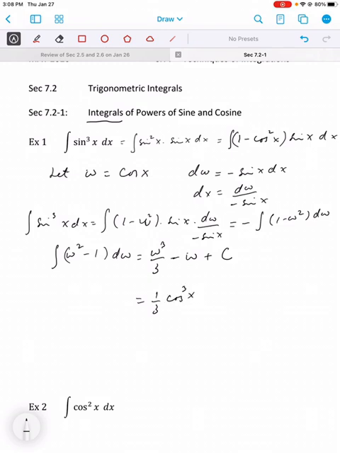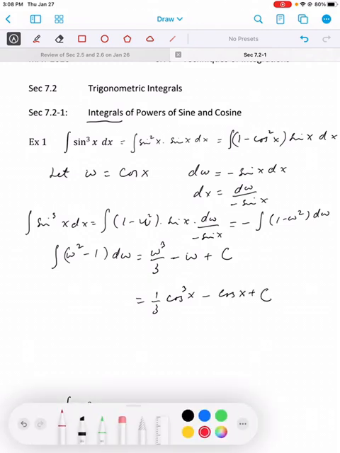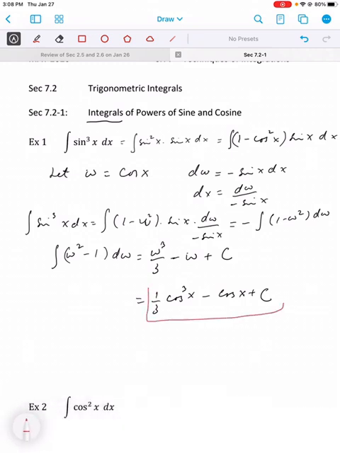So that is our antiderivative of sine cube x dx. In the same way, if you have to do cosine cube x, you should be able to do that.